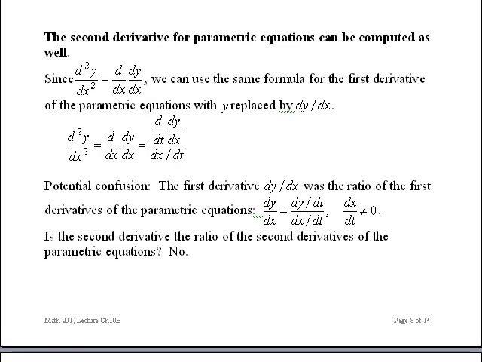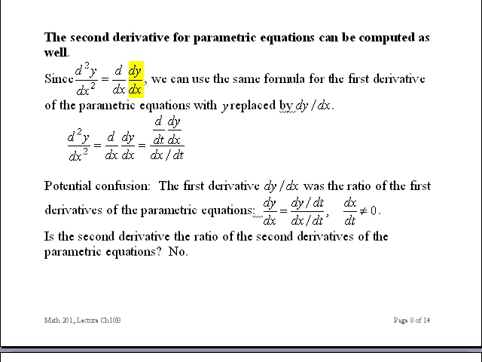To take the second derivative of parametric equations, we consider dy by dx as a parametric equation. If you remember from the circle, dy by dx equals minus cotangent of t. t is the parameter. So the slope, the first derivative, is also a parametric equation.